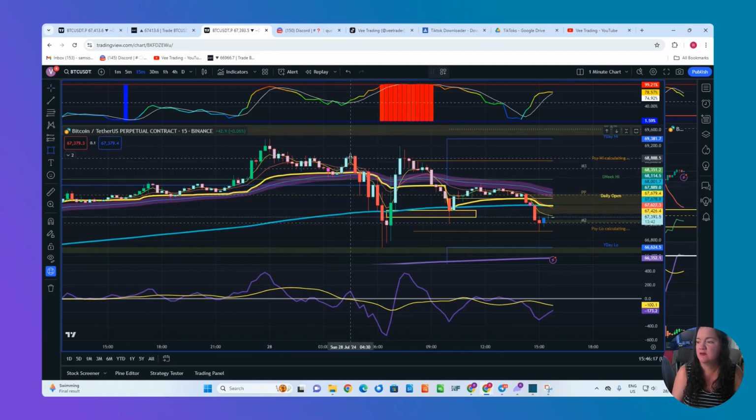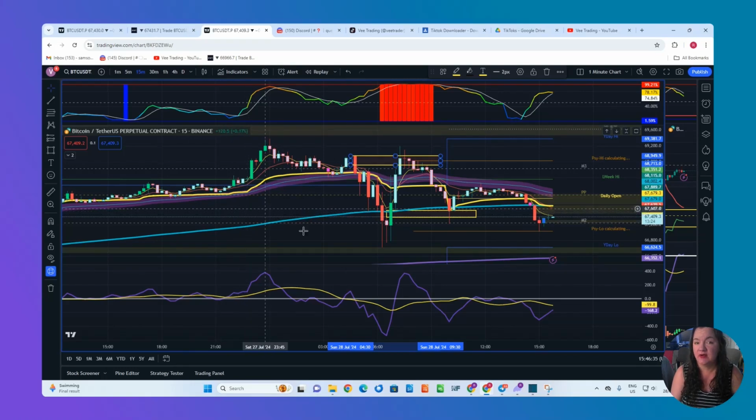Like there's another one here. They got recovered, and it's come down here, it's been recovered. It's even come down again to test all of this to get recovered. So they're always areas of interest that you will see price return to collect more of those positions.